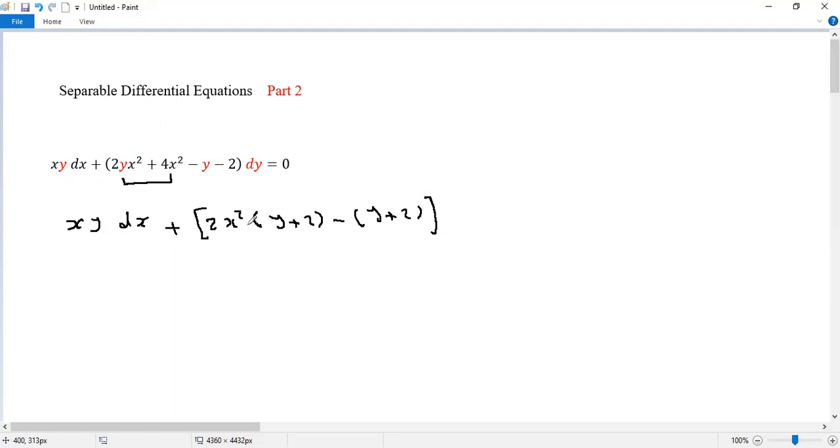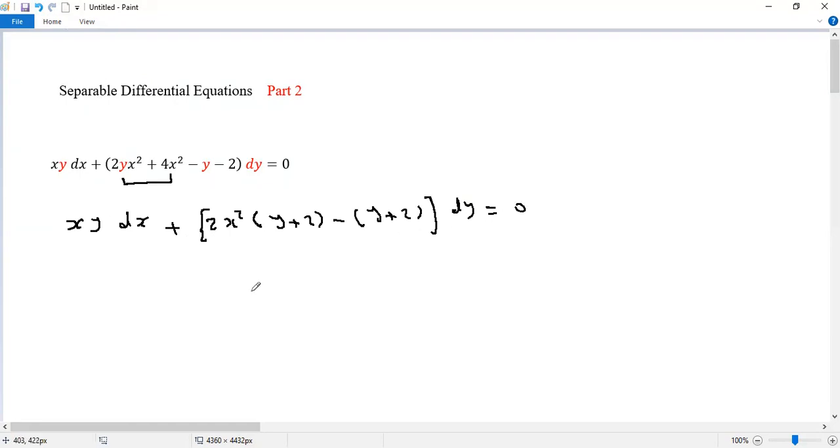If you multiply 2x squared by y, you have the first term, 2yx squared, and if you multiply 2x squared by 2, you get 4x squared. Then the second one, minus y minus 2: take minus 1 out, so it leaves y plus 2. Then all of this is dy, which is equal to 0.